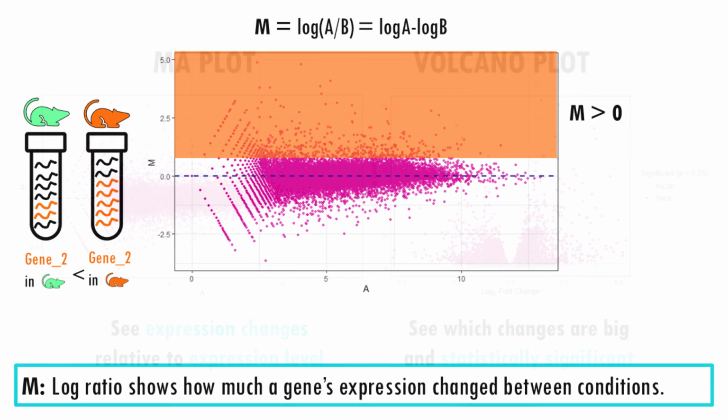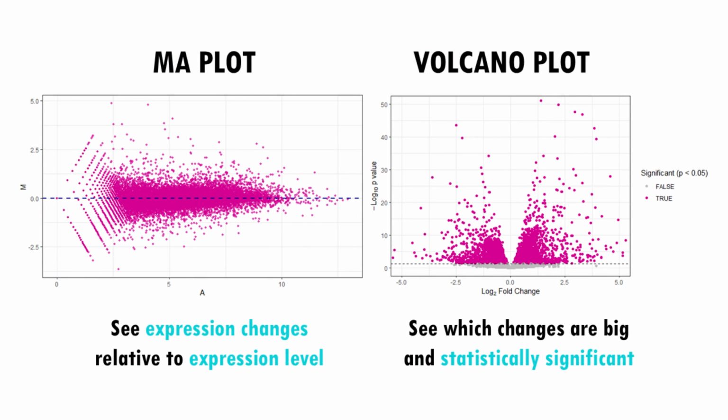For that, we would need to use a volcano plot, which I cover in another video, which is a way of visualizing differential gene expression analysis, where there's an actual statistical test telling you whether that gene is significantly differentially expressed or not.